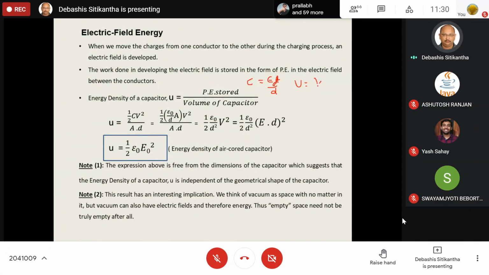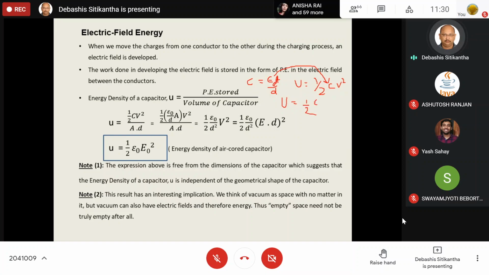How much is it? Half CV square. Now I will replace this C by the expression for a parallel plate capacitor. So your potential energy is equal to half.